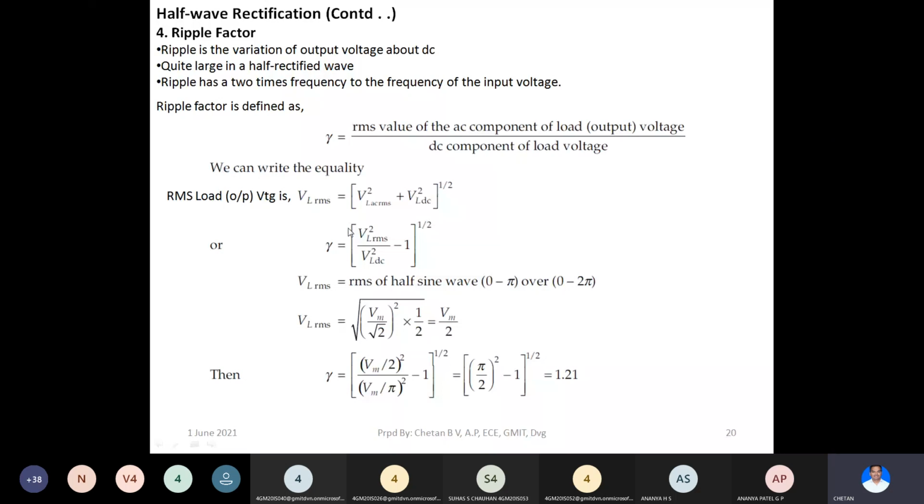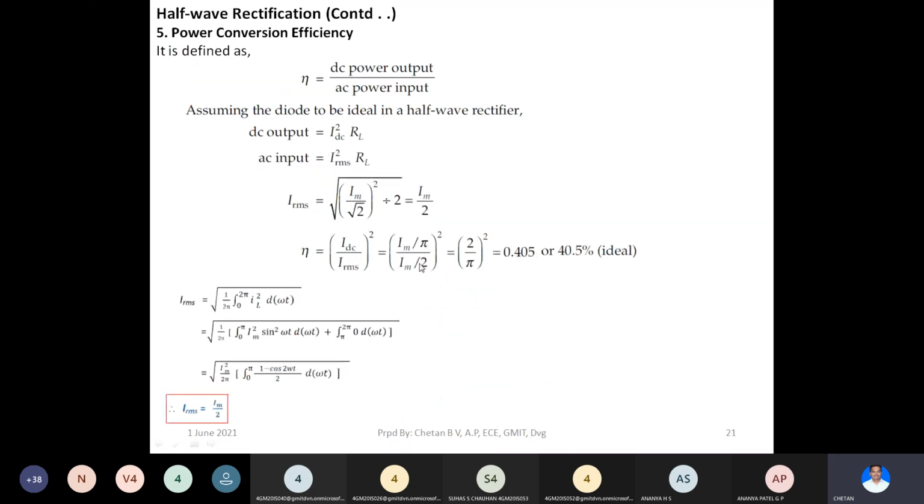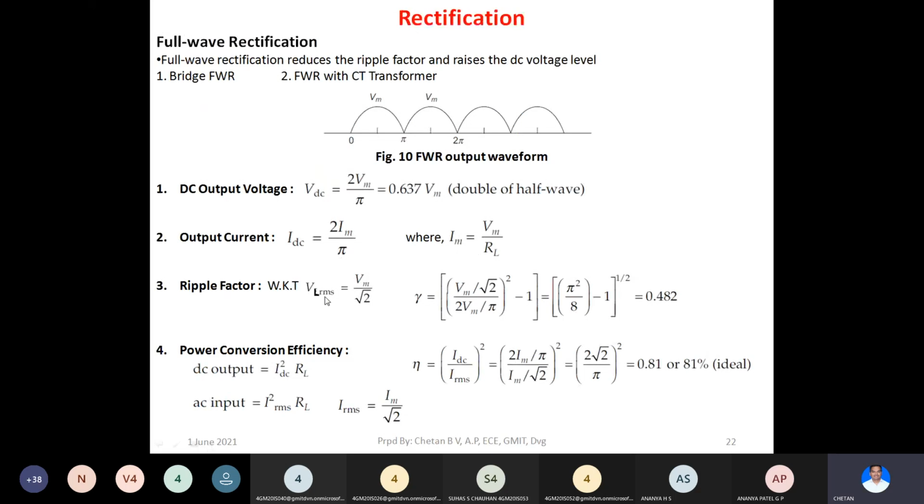Using this equation for full wave rectifier, where VL RMS is Vm by root 2, you will get Vm by root 2 divided by VL DC, which is 2 Vm by pi, complete square, minus 1. After simplification, you will get this part as pi square by 8 minus 1. Again after simplification, you will get around 0.482.